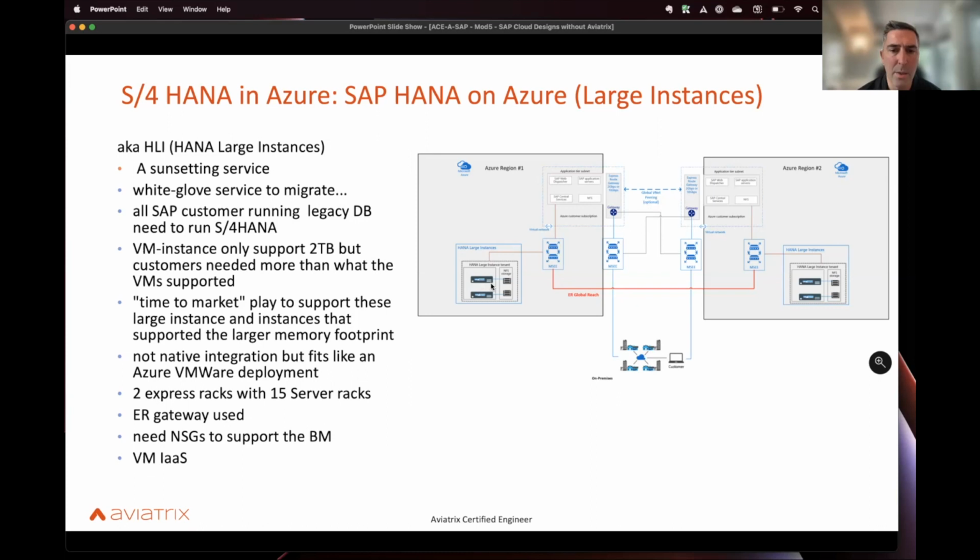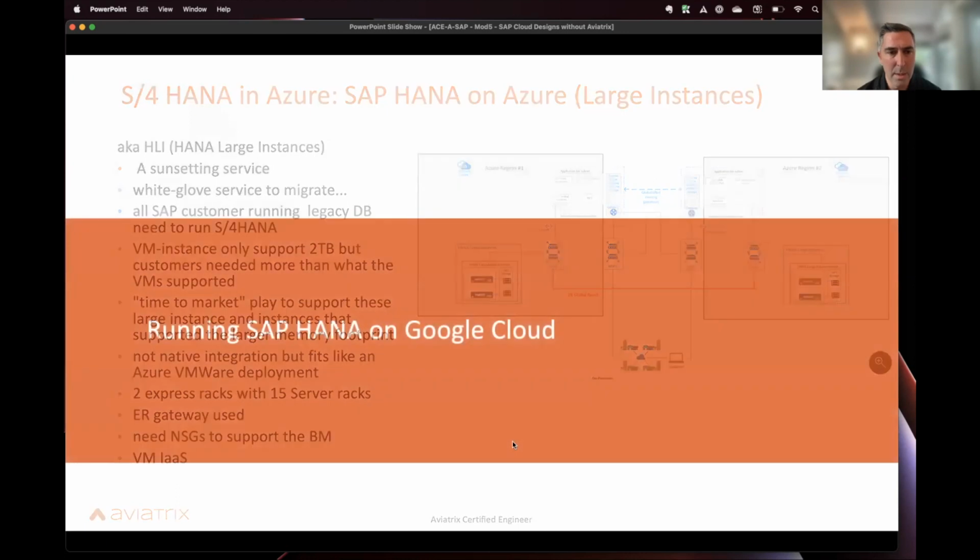Essentially the HANA large instances were what ran the databases themselves, because they didn't have those large VMs, so you had to use bare metal. This was more of a time-to-market play where you had 2 ExpressRoute racks with 15 servers, and you needed to use NSGs to support bare metal and virtual machine infrastructure as code. So infrastructure IaaS services. That was a stopgap. It's a sunsetting service, but I wanted to include it for completeness.